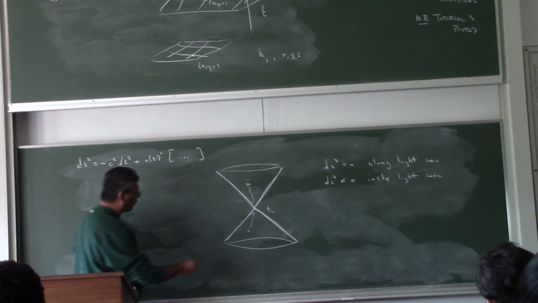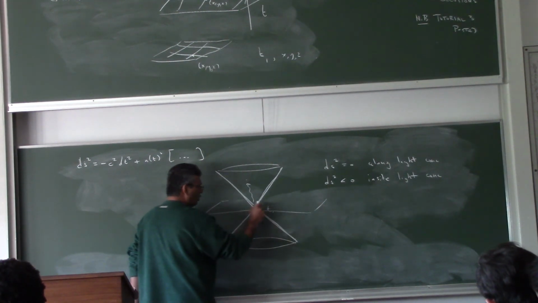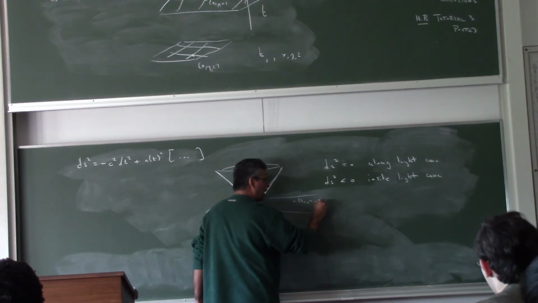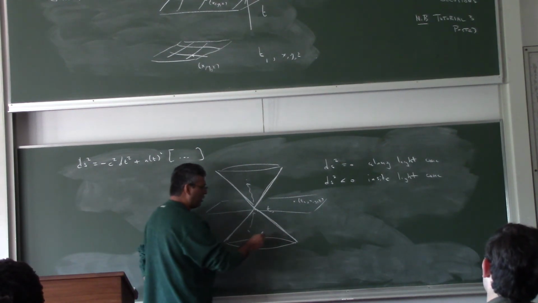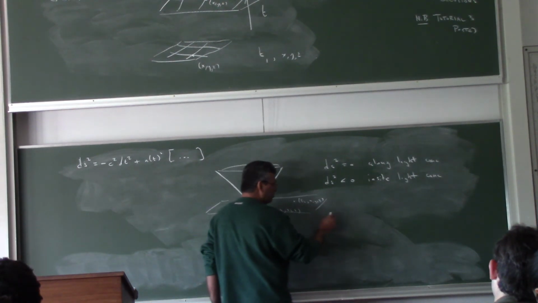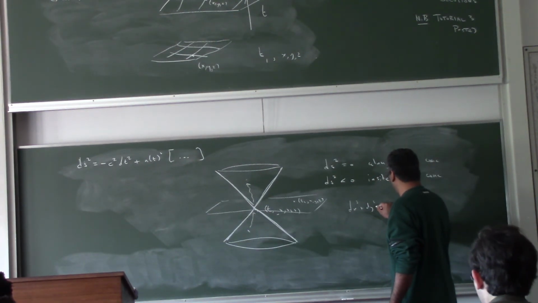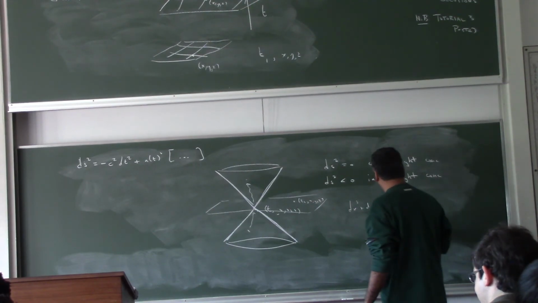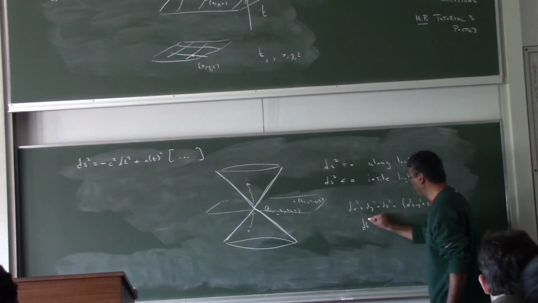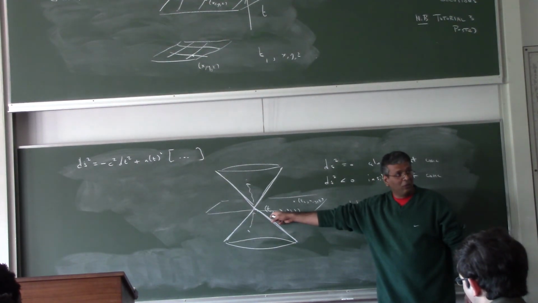Okay? So suppose you were on this spatial slice at time t0. The coordinates of some other point here are t0, x, y, and z, and you're at t0 at the origin. So dx, dy, and dz give x squared plus y squared plus z squared, and dt squared is 0, since points on here are also at time t0.